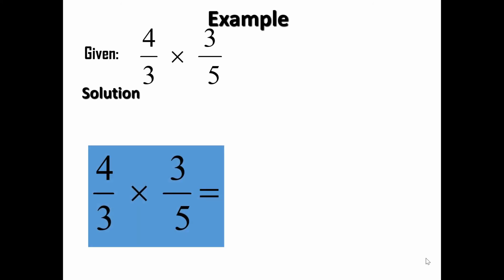Isa pang example. So may given tayo na 4 over 3 times 3 over 5. Solution, 4 over 3 times 3 over 5. Sa left part po natin na tinuturo ng arrow ay may tinatawag tayong improper fraction. Wala namang problema, okay lang yan.